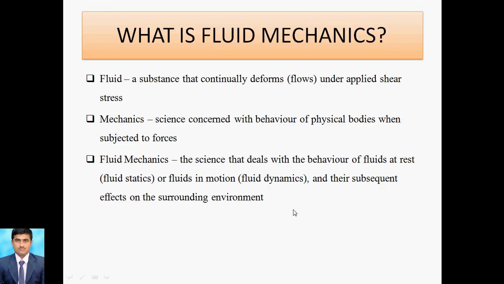Next we will discuss what is meant by fluid mechanics. First of all, let us look at what a fluid is. A fluid is a substance that continually deforms under applied shear stress. When you apply shear stress, it deforms easily. We can consider only liquids and gases as fluids. Now, first we define mechanics.